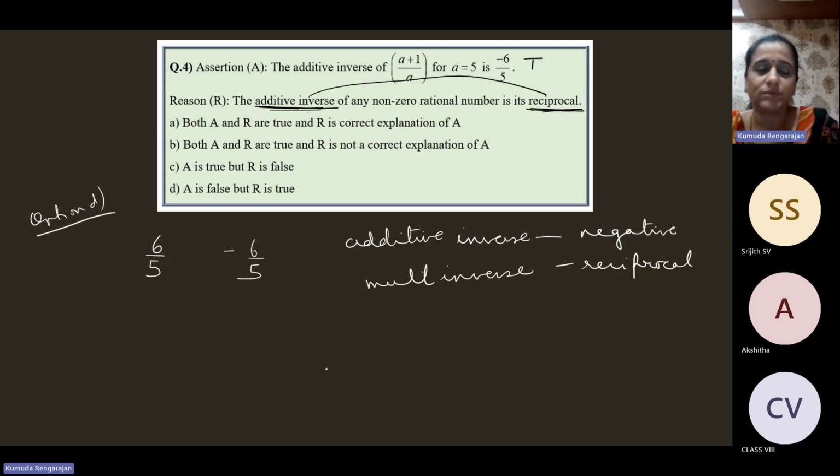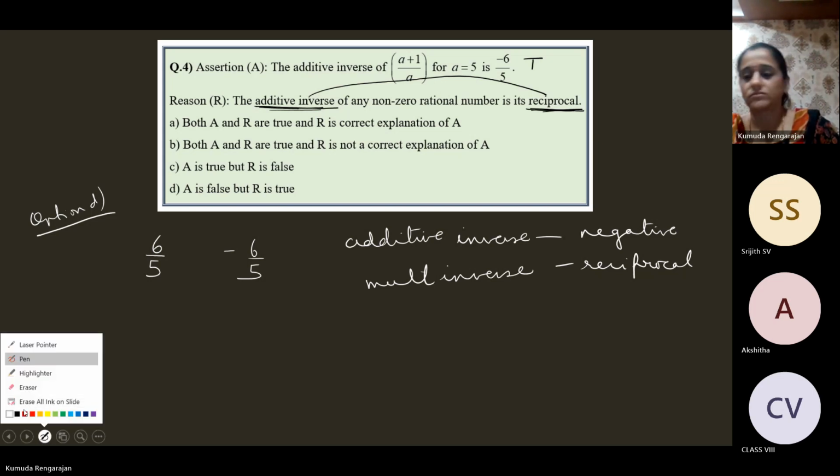So is the reason statement true or false? Ma'am, false. Yeah, false. So which is the correct option?